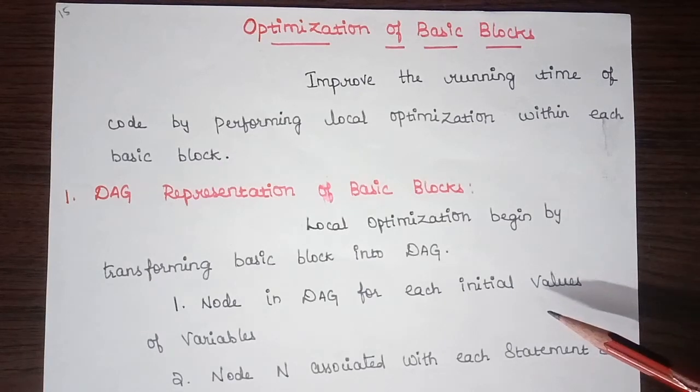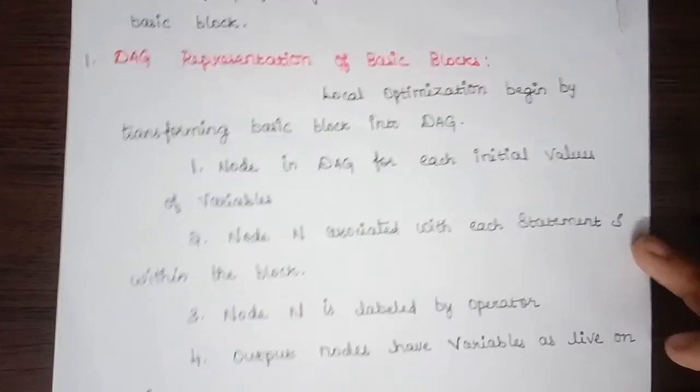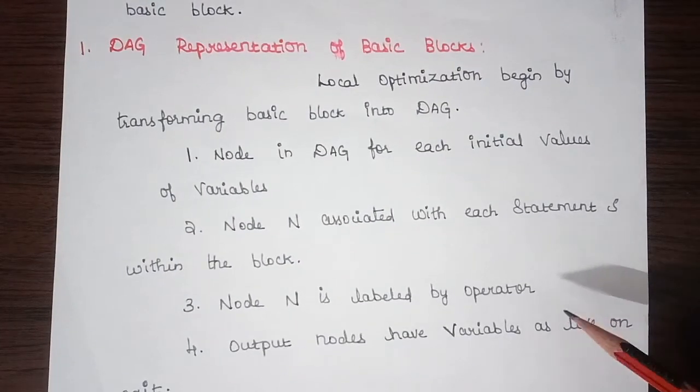So the first node contains the initial values of the variables in the basic block, and the next node is associated with each statement within the block. There is one more node, labeled by the operator that is applied at the statement.